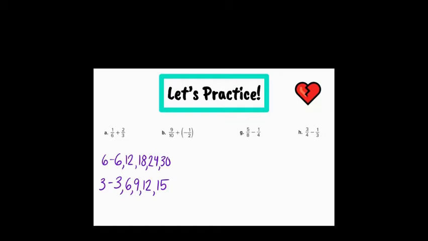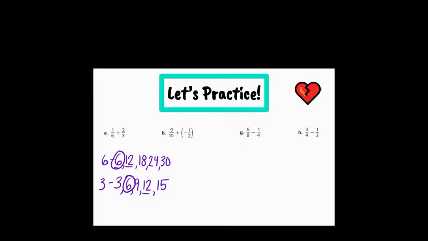So we can start by just underlining all the numbers that are the same. So 6 and 12. Now we need to look for the smallest or the least number. So the smallest is 6. So 6 is going to be our least common denominator, or LCD.